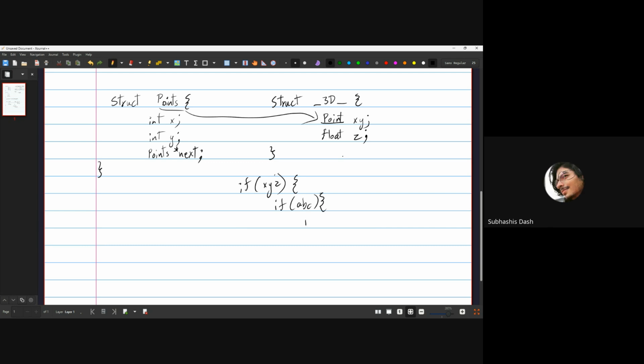And then we have some condition over here, and then we just close everything else. So this is an example of a nested loop. Sorry, nested if statement, right? Yes. So we have a complete if statement embedded inside another if statement.